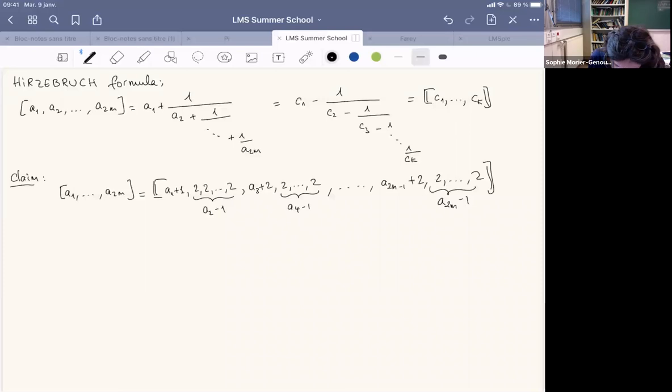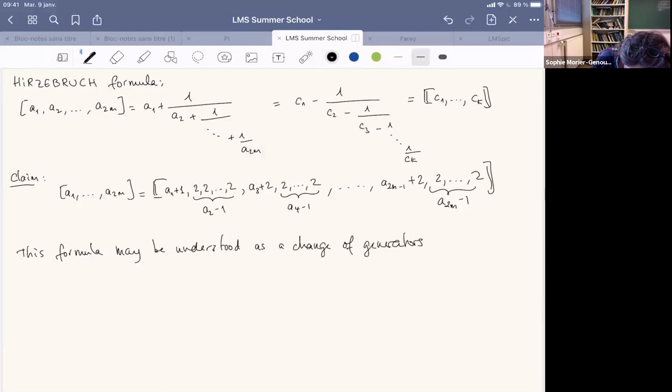So we want to understand this formula using group theory, I mean, using the group SL2Z as a change of generators in the group SL2Z.